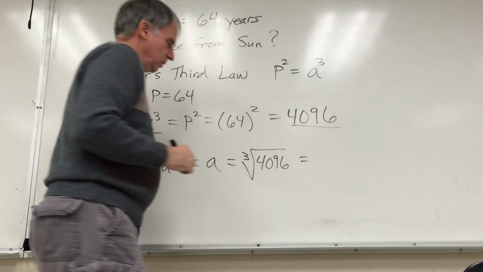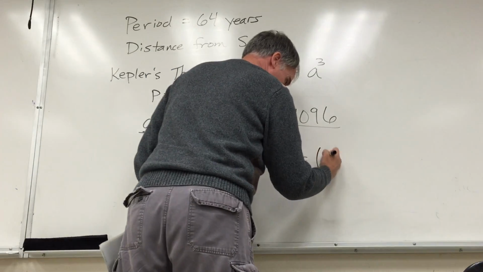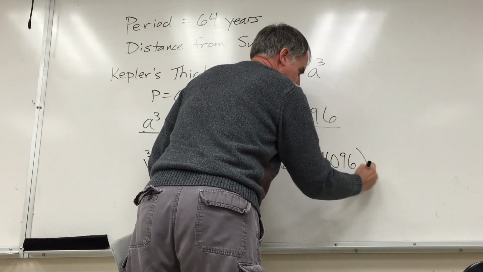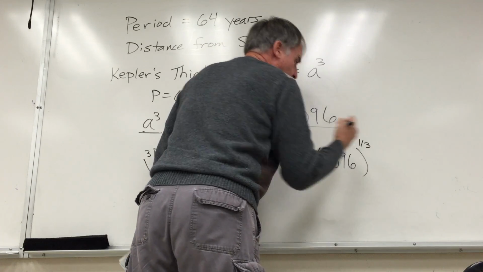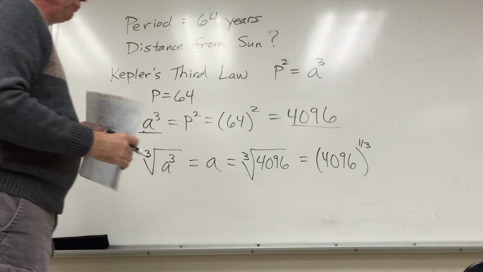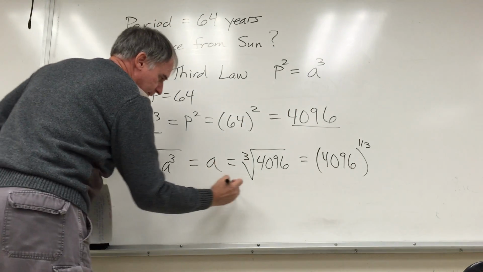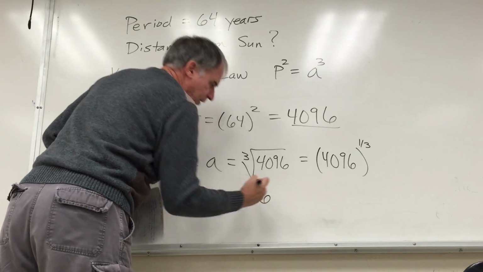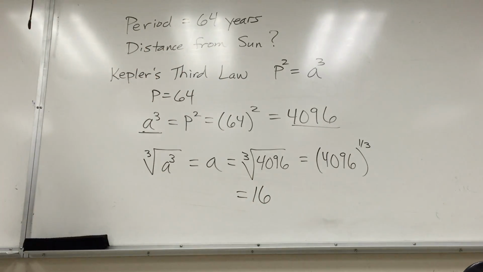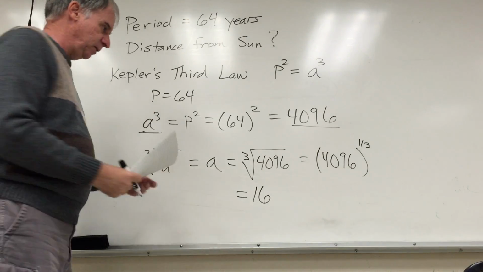The usual way of doing a cube root on a calculator is the same as raising to the 1/3 power. Or you could raise to the 0.333 power. Either way, you should get a value of 16, or maybe you'll get 15.999 rounded off to 16.